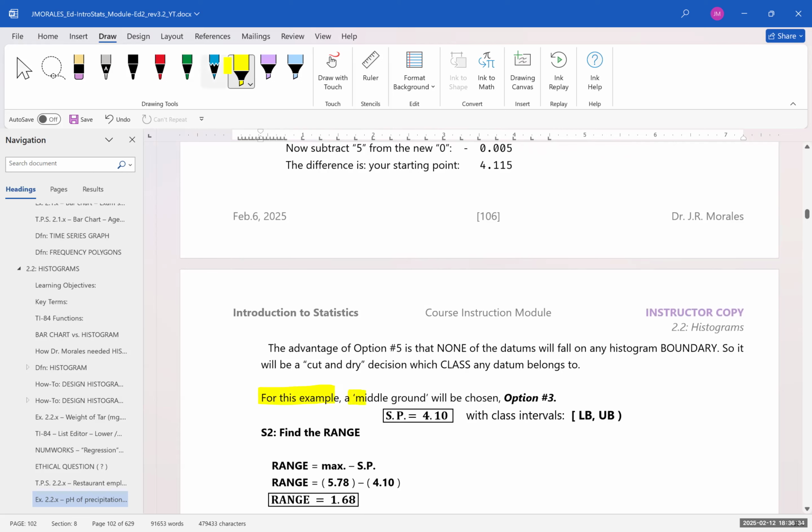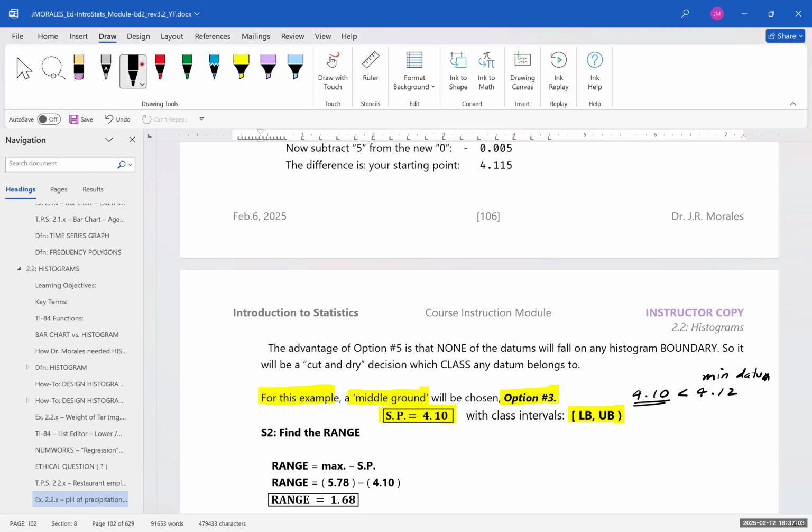So for this example, I'm going to choose a middle ground. I'm going to choose option 3, which is going to be a starting point of 4.10 with class intervals organized this way. So what's nice is that 4.10 is less than 4.12, which is our minimum datum.